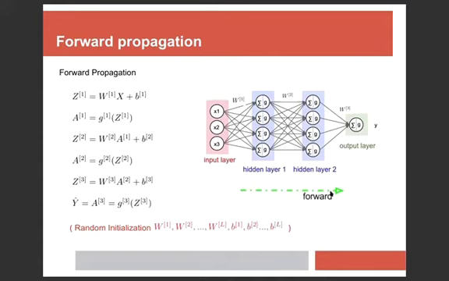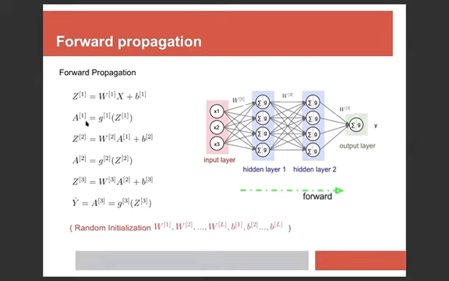Here is the mathematical expression for the forward propagation. For the first layer of hidden units, there are two parts. One is the dot product between the input vector and the weight matrix W, and then we add a bias parameter, which we call Z1. Then we apply an activation function G here.